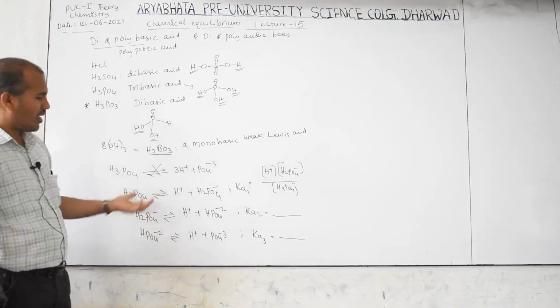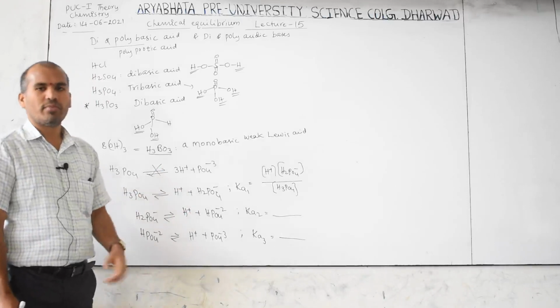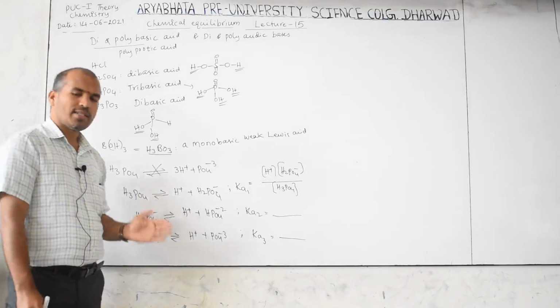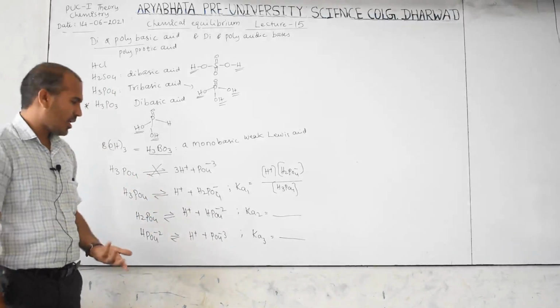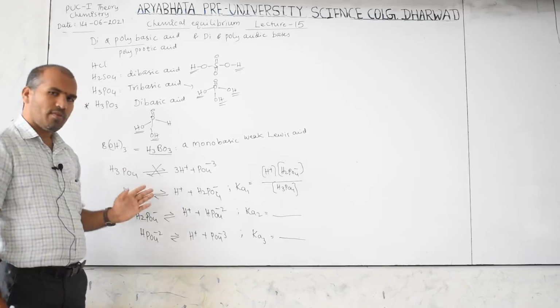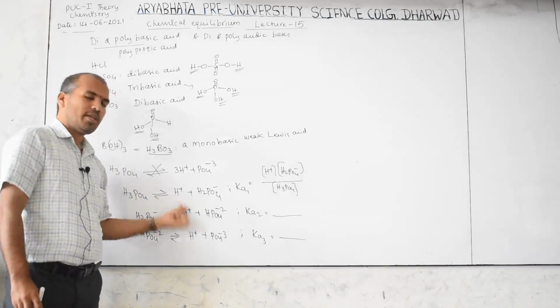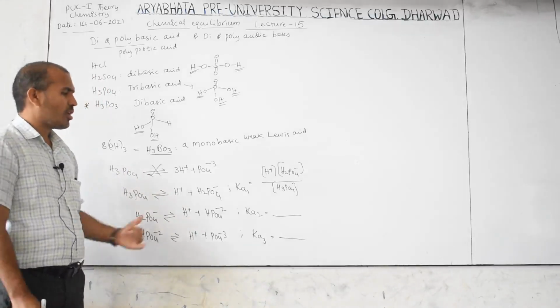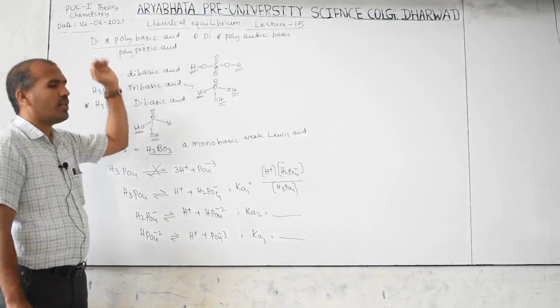Second and third step H plus is also obtained, but it is negligible and we are not considering it. Therefore the H plus obtained from these three steps is not a sum; only the first step H plus ion concentration we have to consider to calculate the pH of this polybasic or dibasic acid.